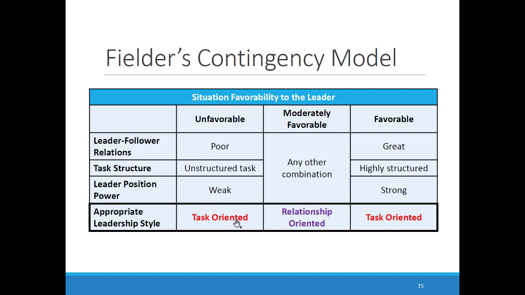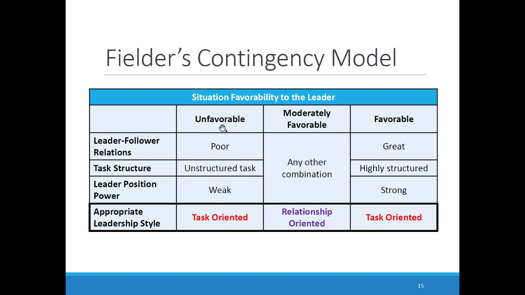So looking at the columns here, there are two situations or two combinations of circumstances in which task-oriented behaviors are more appropriate for leaders. And these are situations that may be considered unfavorable or very favorable for the leader.